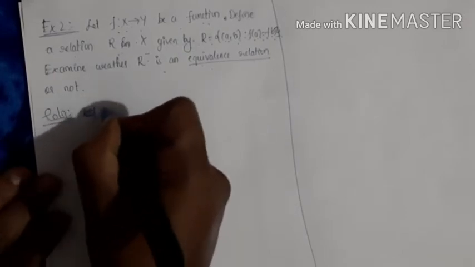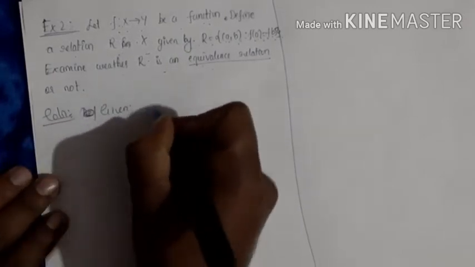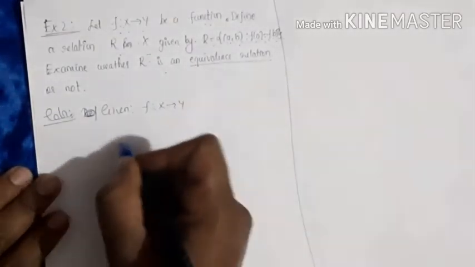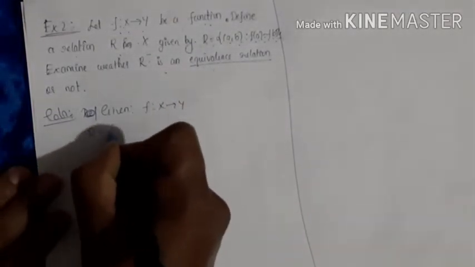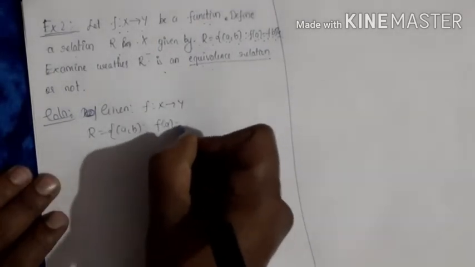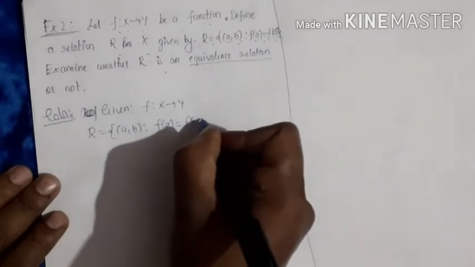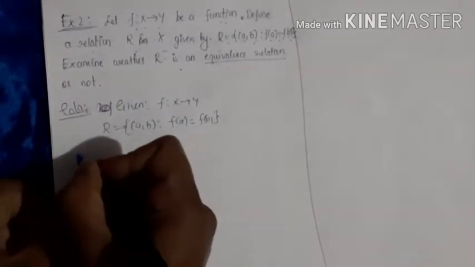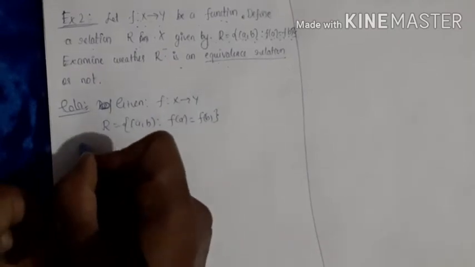So given, just write down the given things, f from X to Y, and relation R is given by ordered pair (a, b) such that f(a) equal to f(b). So this is the relation they have given.